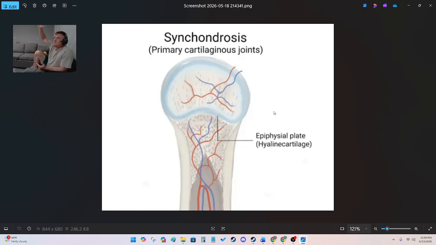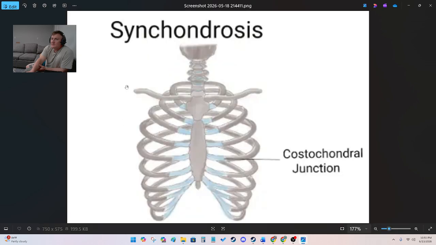It slowly morphs from cartilage to bone, and that's where growth plates are. And we're gonna go to another one, synchondrosis, which would be between the ribs and the sternum. Is a place where you have cartilage meeting bone.